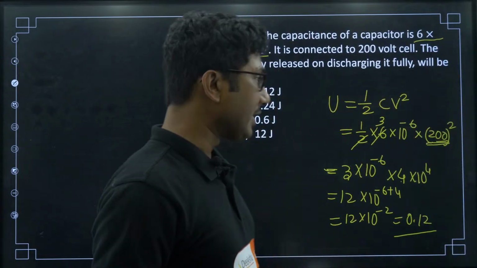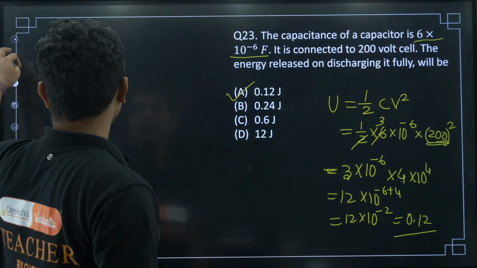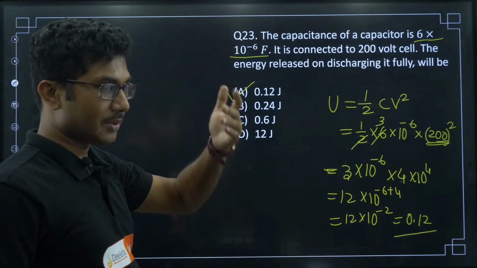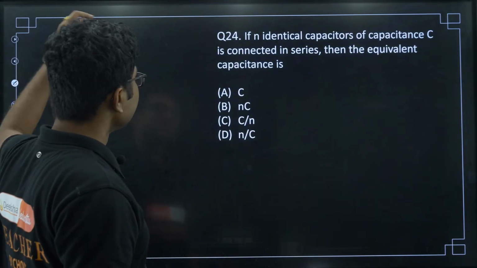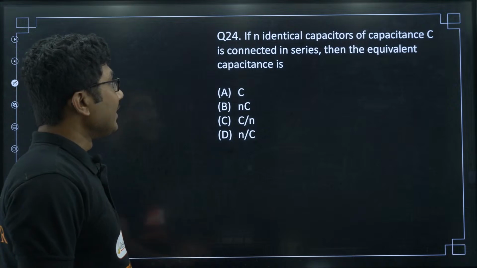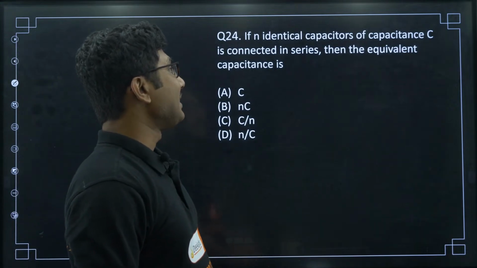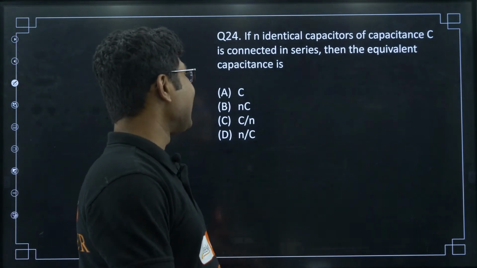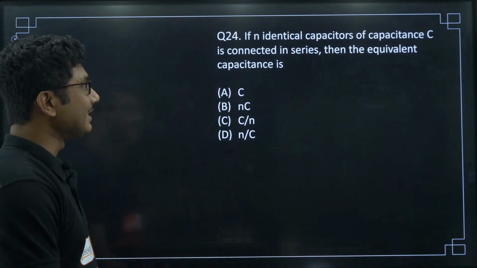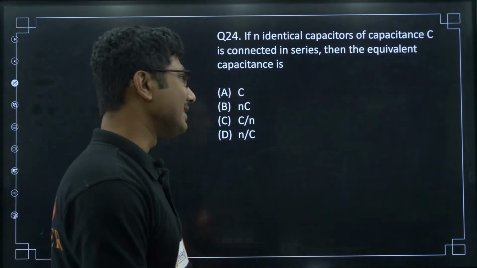Last year's MCQ, yes, last year's question paper. If n identical capacitors of capacitance C are connected in series, then the equivalent capacitance is, an easy question.